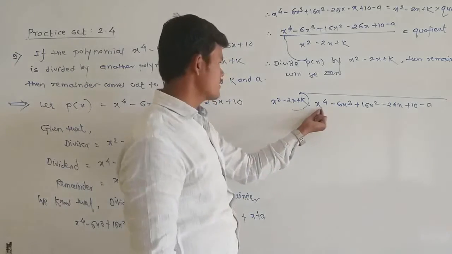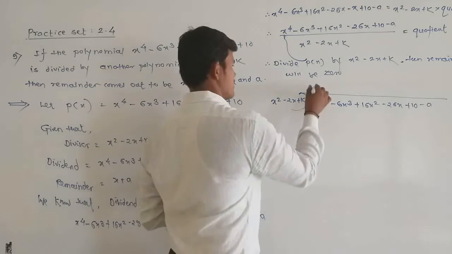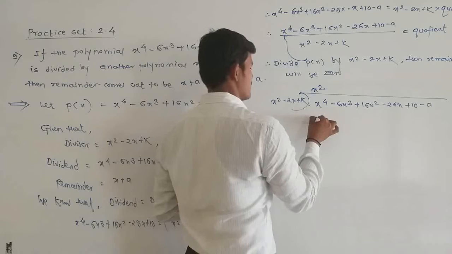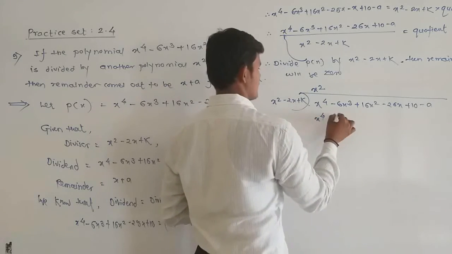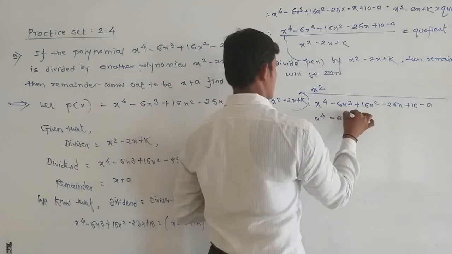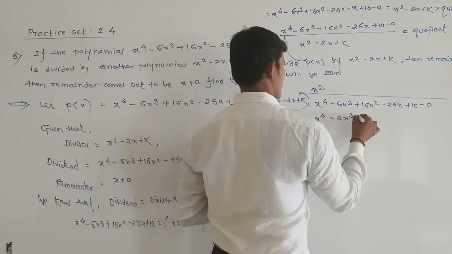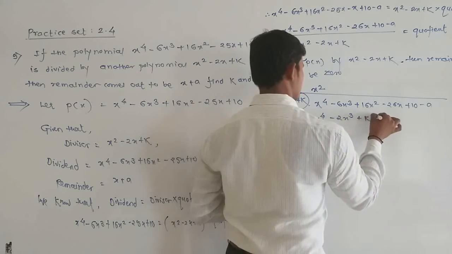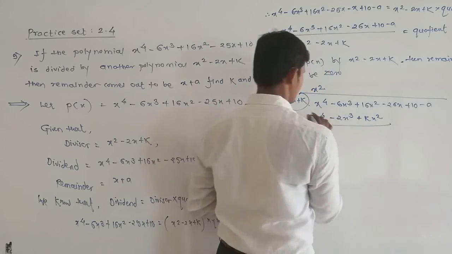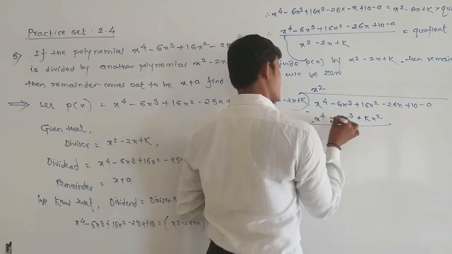Okay. To get x raised to 4, multiply x square by x square. So x square into x square, x raised to 4, x square into minus 2x, minus 2x cube, x square into k, kx square. So we get, here sign of second expression changes.